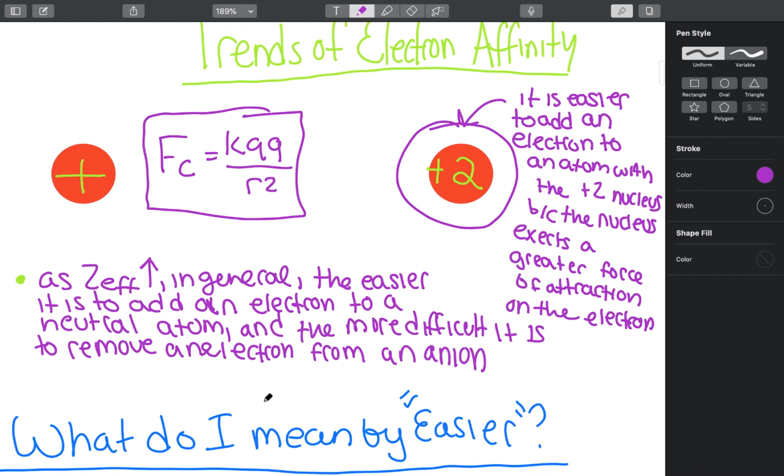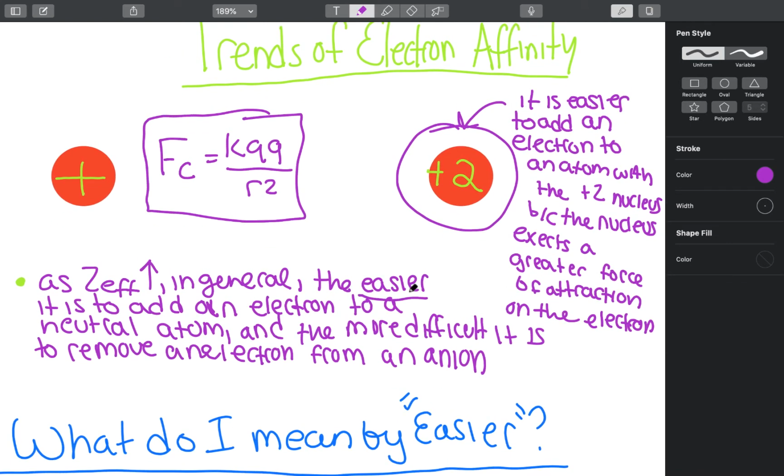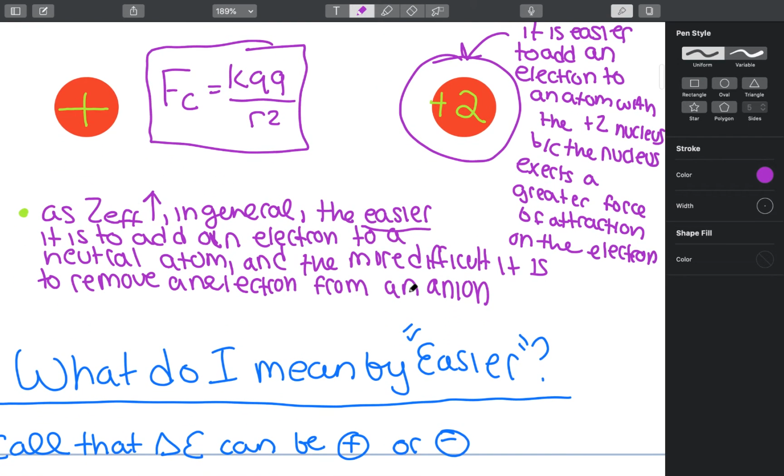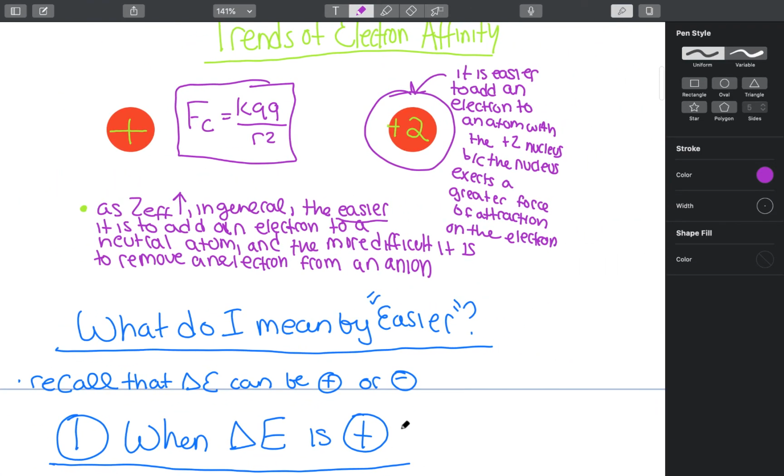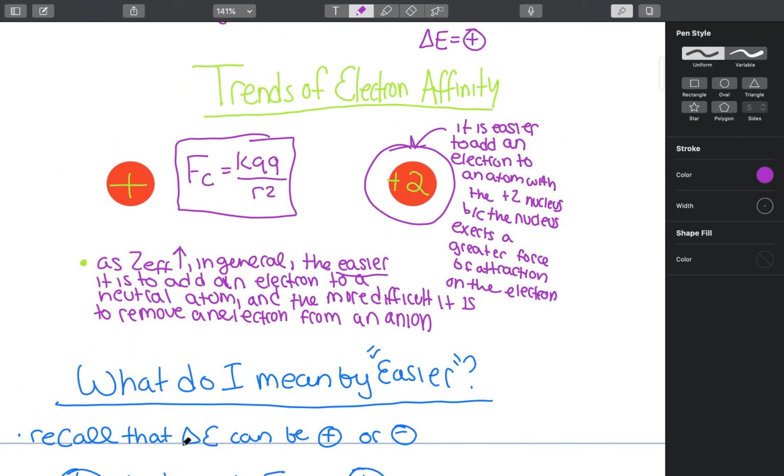So what do I mean by easier? What does it mean to add an electron in an easier fashion? So in order to do this, we have to bring back change in energy. So recall that the change in energy associated with adding an electron or losing an electron can be positive or negative.